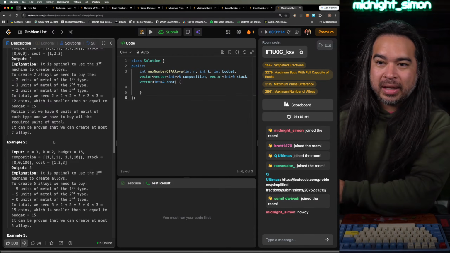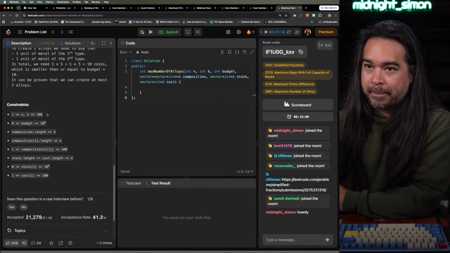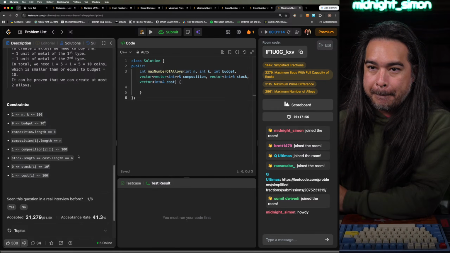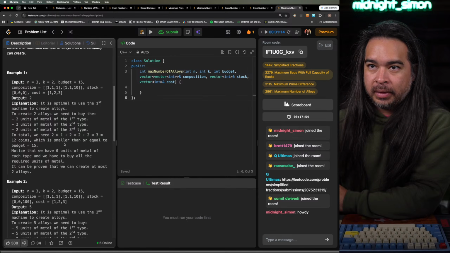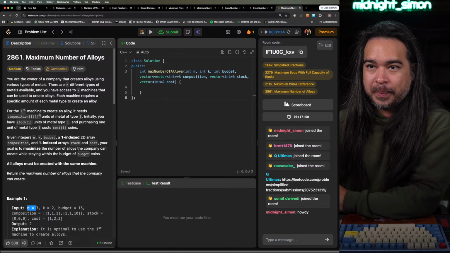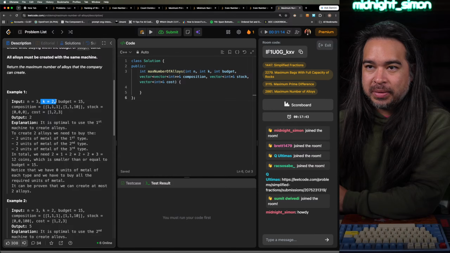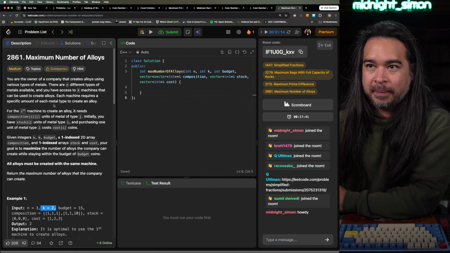Is this knapsack? I'm not sure, man. Let's look at some examples. So N is, what's N? N different types of metals. So 3 metals. What's K? K machines.